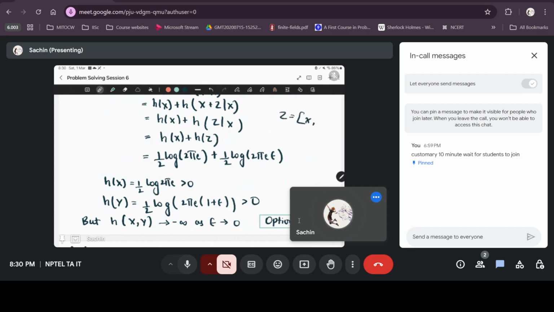So that random vector is also a random variable distributed according to the joint distribution of x and y, the density function of x and y.